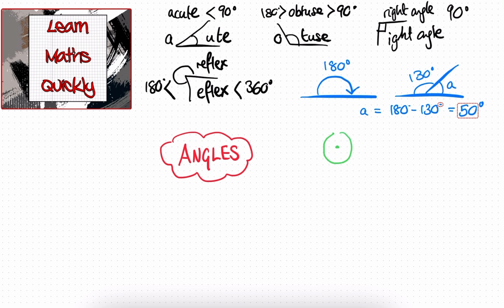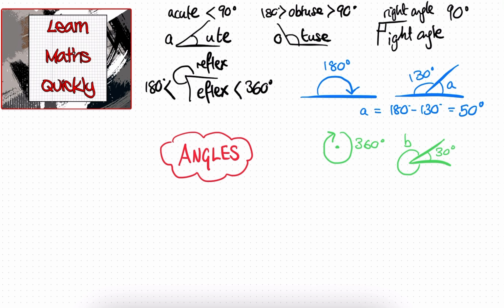The next one, as we mentioned earlier with the reflex where it said 360, is if you've got a full turn, a full circle around a point, that is the same as saying 360 degrees. So again, if we've got any other angle, like if I was to draw this, and let's say that's 30 degrees, and this time I want you to find out what that reflex angle B is worth.